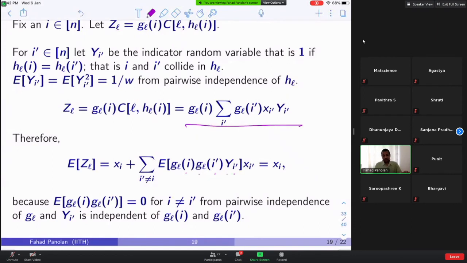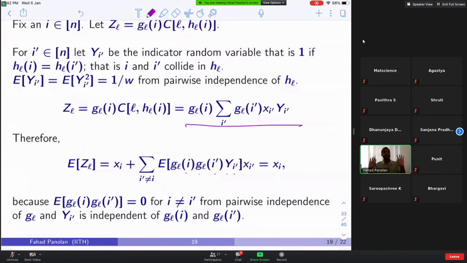Clear? Okay. Now, how is yi prime defined? Yi prime is defined with respect to the hash function HL. And GL of I and GL of I prime are defined with respect to the hash function GL. And they are completely independent.